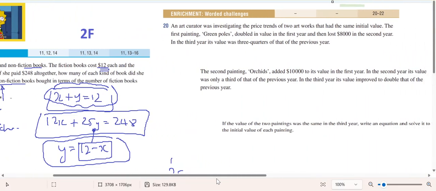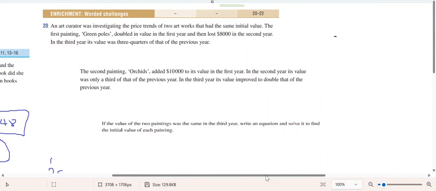Okay, question number 20 has a number of things happening. We have Green Pole's one artwork. We have Orchid's a second artwork. We're investigating the trending price that had the initial same value. So Green Pole's and Orchid's both had the same initial value.